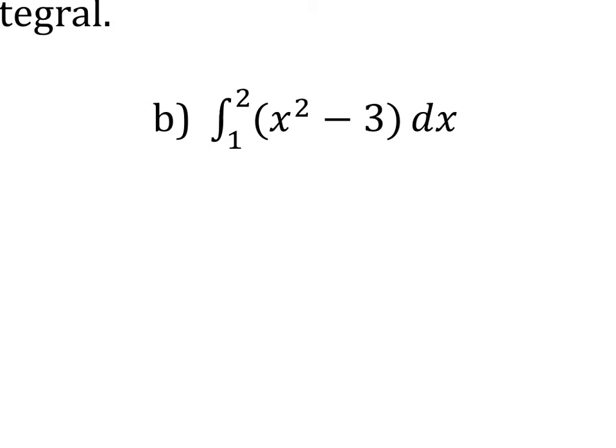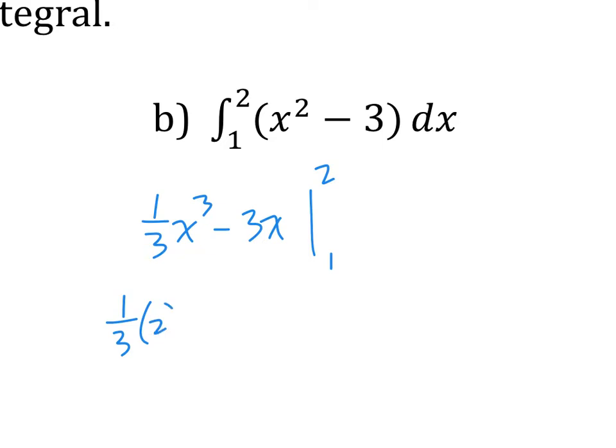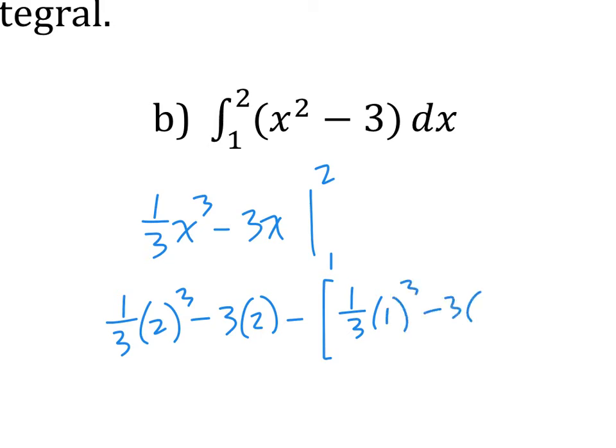What is the antiderivative? 1/3 x cubed minus 3x. Good. All right, we're going to evaluate it from 1 to 2. So that means 1/3 2 cubed minus 3 times 2. Let me finish writing and then I'll answer your question. Minus this whole thing. 1/3 1 cubed minus 3 times 1.